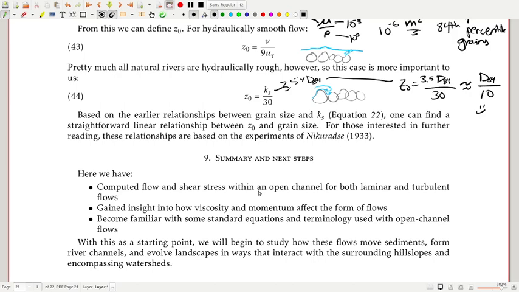Using this as a starting point, we are now going to graduate from this open channel hydraulics section and move back into the natural system and think about rivers and how sediments move and landscapes evolve, interact with the surrounding hill slopes, and change the world around them. So with that, we close this section on flow mechanics.